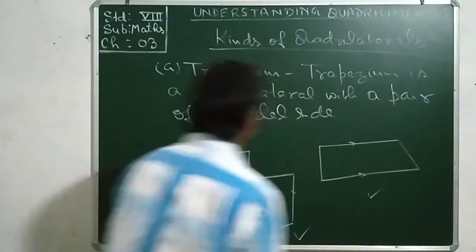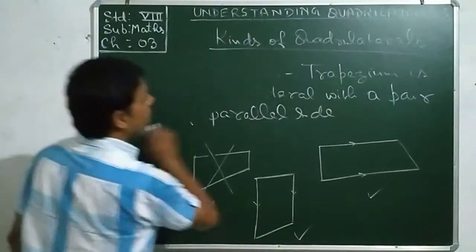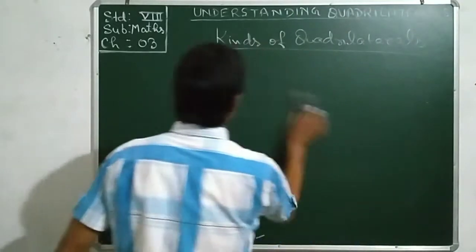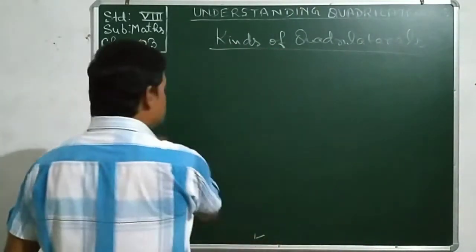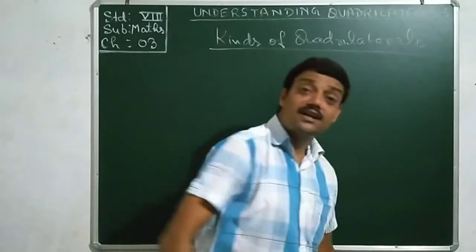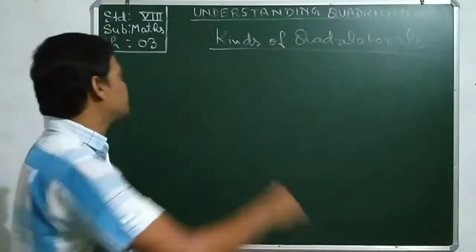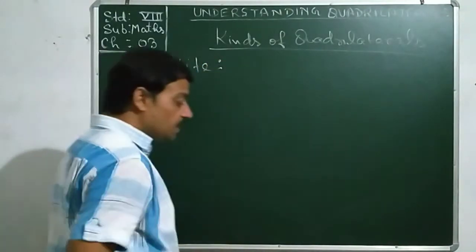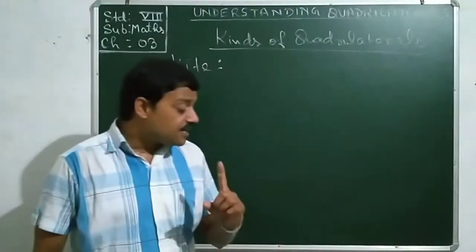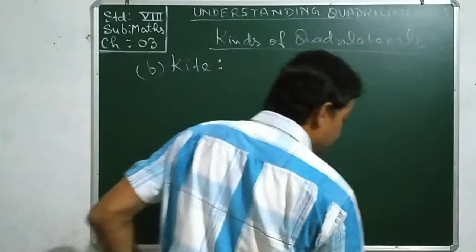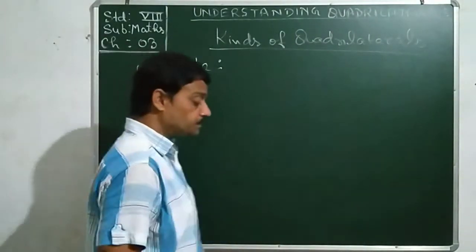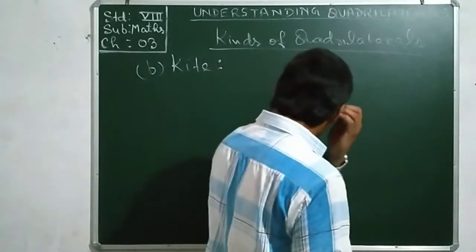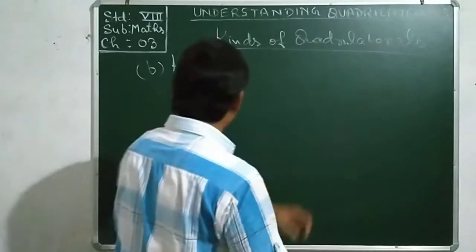Now come to the kite. Of course, by the name it is clear that a kite will really look like a kite, and the definition I am giving you: a kite is a quadrilateral which has exactly two distinct consecutive pairs of sides of equal length.